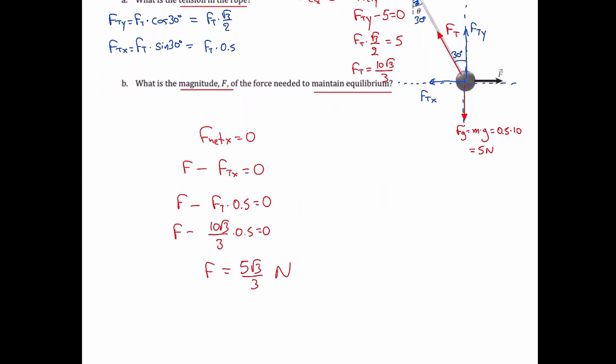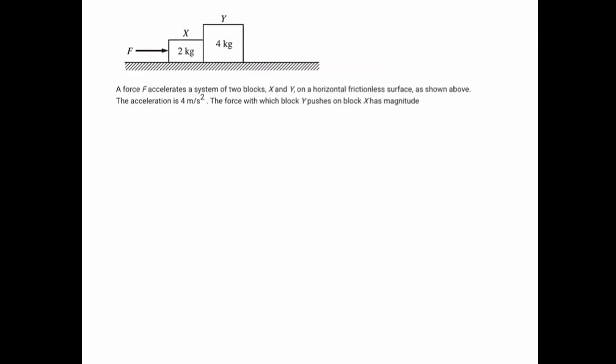We can move on to our next application, which is the force between two objects that are moving. Now we have object X and object Y that are pushed by a force F. Actually, the force F is applied on the 2 kg object, which in return, as it starts moving, pushes the Y object.